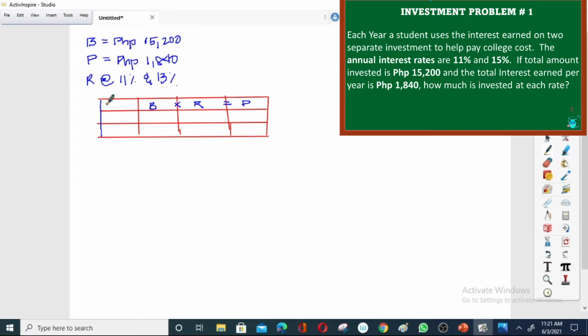The money at 11%, this is 11%, and then the money at 13%.